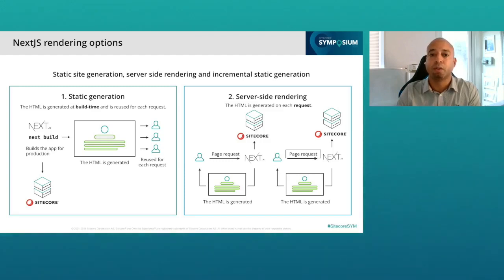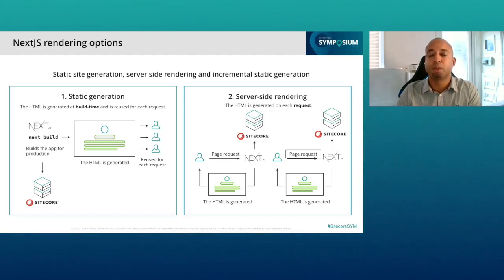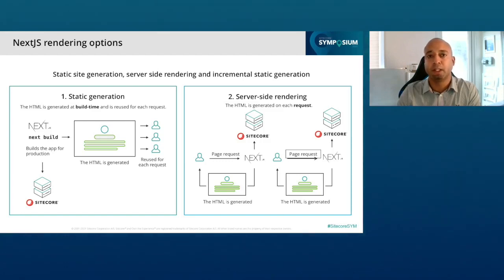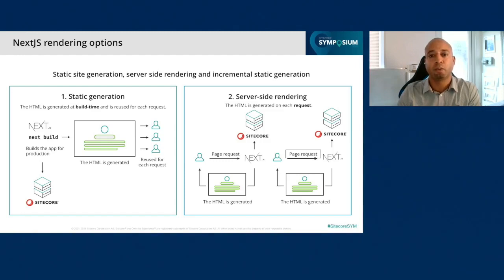A third option, ISG, or incremental static generation, is possibly the most powerful feature of Next.js for CMS applications. ISG allows us to periodically, but only on demand, prefetch and regenerate individual static assets, but only if they have changed. In other words, the best of both worlds. This is a huge benefit.